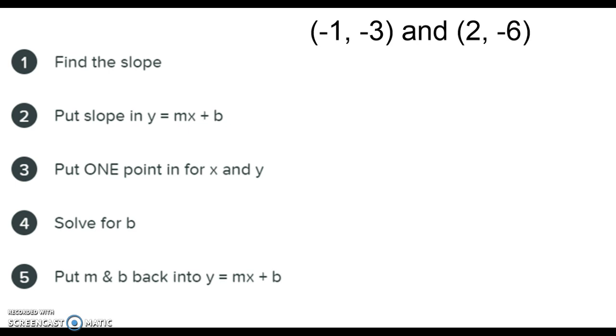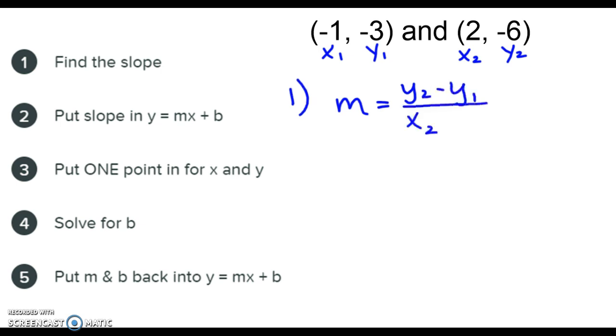For example number 1, please make sure that you put your points in the correct spots on your note sheet: -1, -3, and 2, -6. Our first step is to find the slope. I should have also said that our first step is labeling our points, x1, y1, x2, y2. So we are going to plug those 2 points into our slope formula.